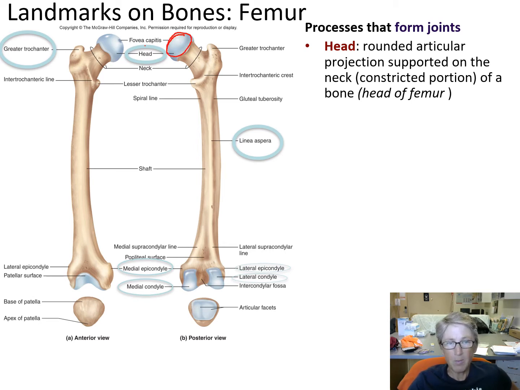The head of the femur is described as a round articular projection, so that means it's going to form a joint. If you see that word articular, think joint. You can see that the head is projecting from the neck, and the head is supported on a neck. So usually if you find a head landmark on a bone, there will be a neck landmark as well.